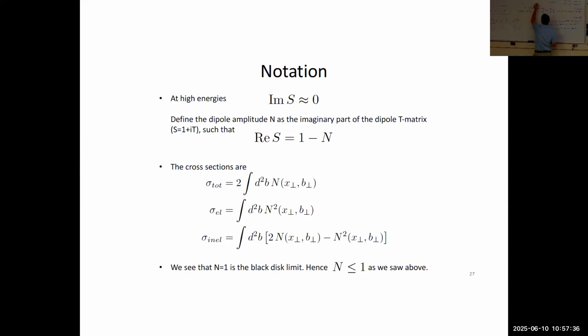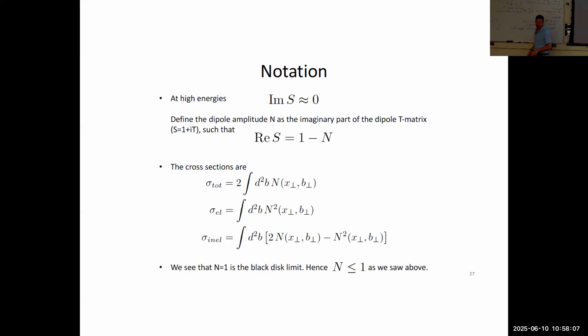And if N is the imaginary part of the T matrix, and I tell you without proving, and you have to trust me, that at high energy scattering, the scattering amplitudes that dominate are mainly imaginary, we can neglect the real part of the T matrix. Then this is going to be equal to 1 minus N. I'm being sloppy, so let's remove the operator notation and think of S and T as forward matrix elements of the S matrix.